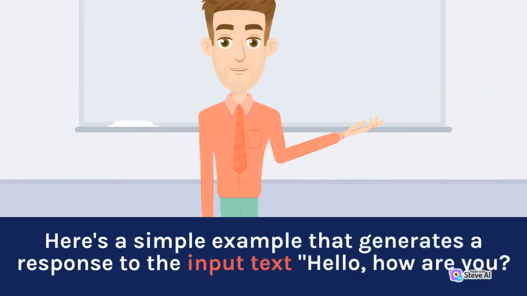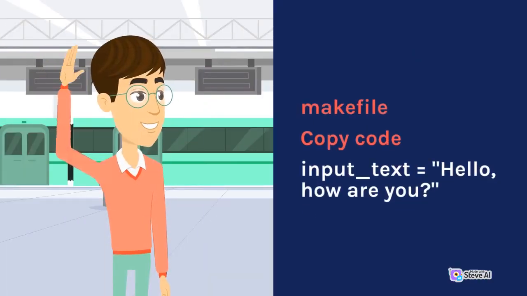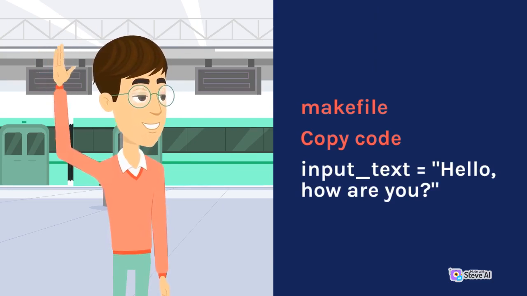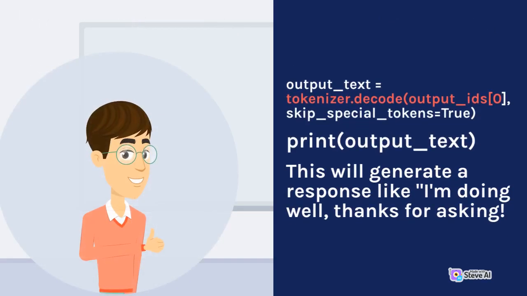Here's a simple example that generates a response to the input text "Hello, how are you?" input_text = "Hello, how are you?" input_ids = tokenizer.encode(input_text, return_tensors="pt"). output_ids = model.generate(input_ids). output_text = tokenizer.decode(output_ids[0], skip_special_tokens=True). print(output_text).